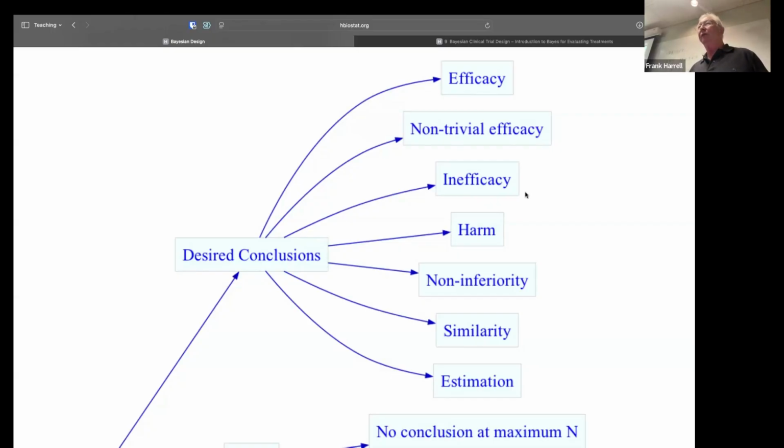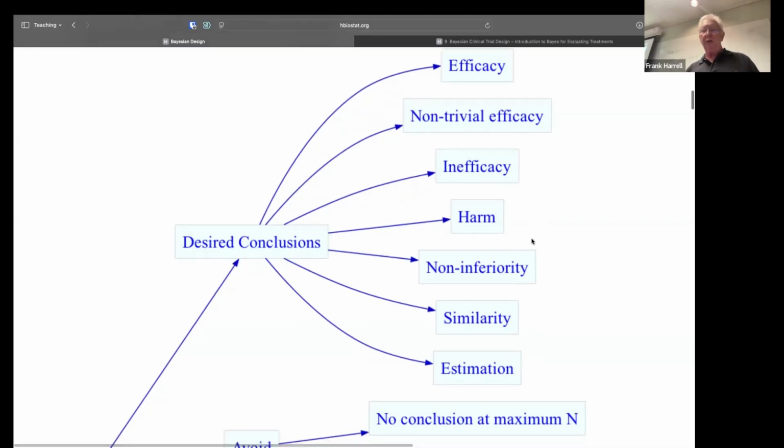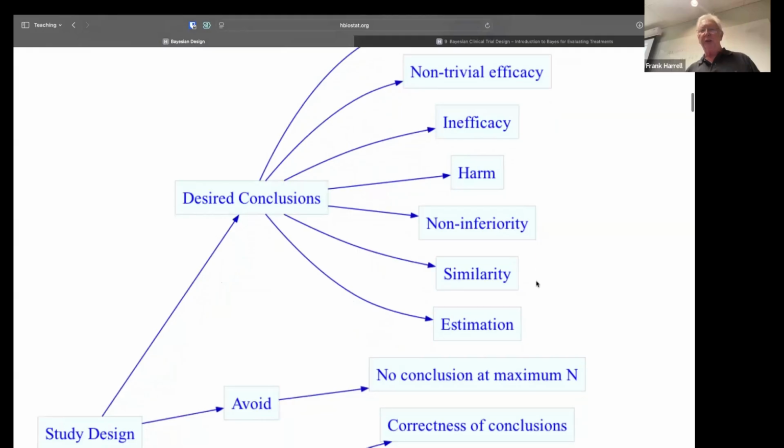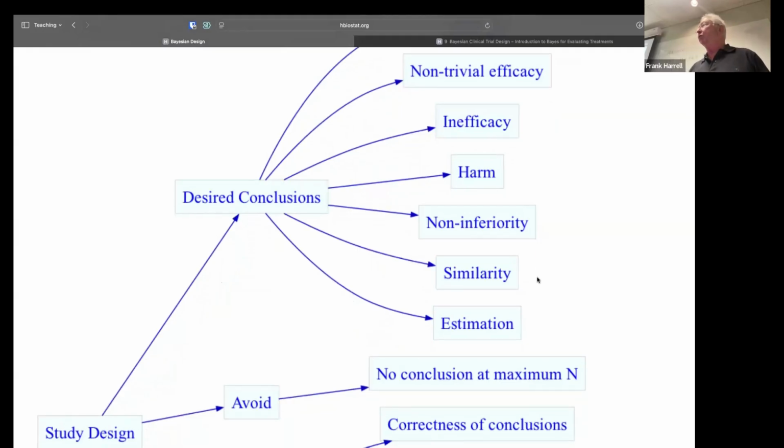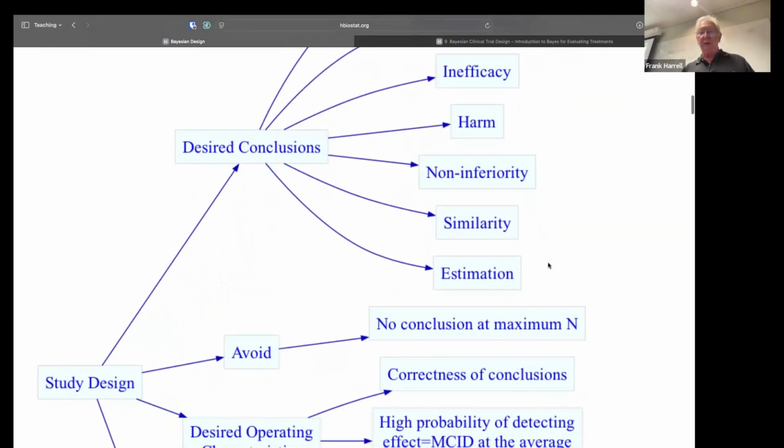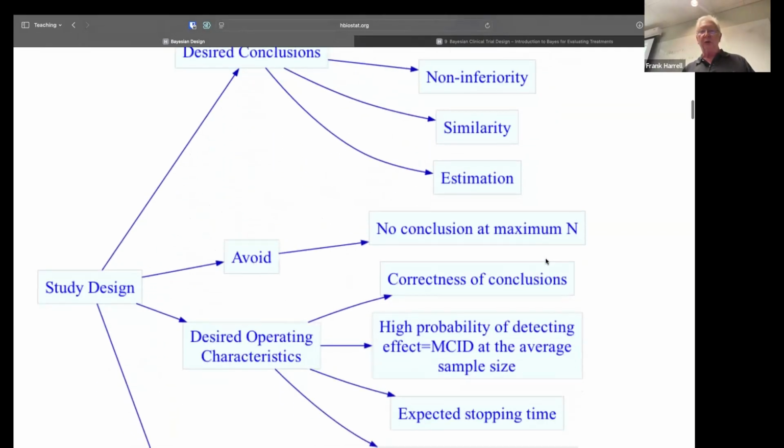You never assemble evidence in favor of something. We might also have a conclusion of harm, non-inferiority, similarity, or we might just want to estimate the treatment effectiveness without actually saying, are we concluding that's effective or not, or harmful or not? So those are all valid goals or conclusions you might want to draw.